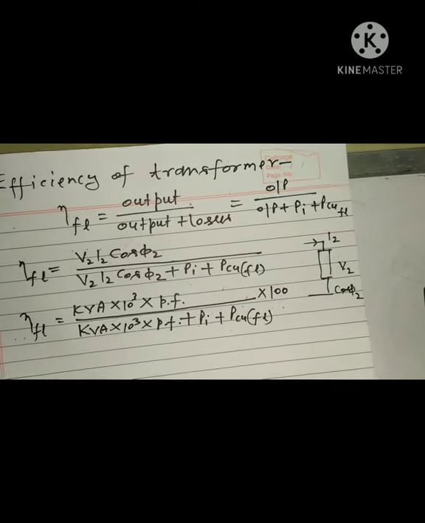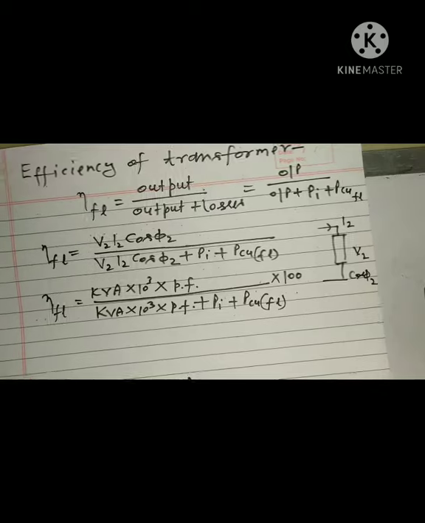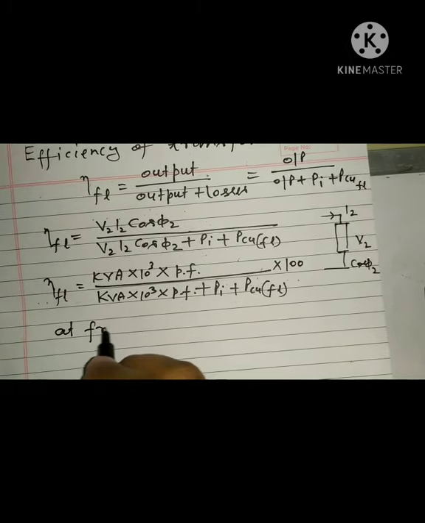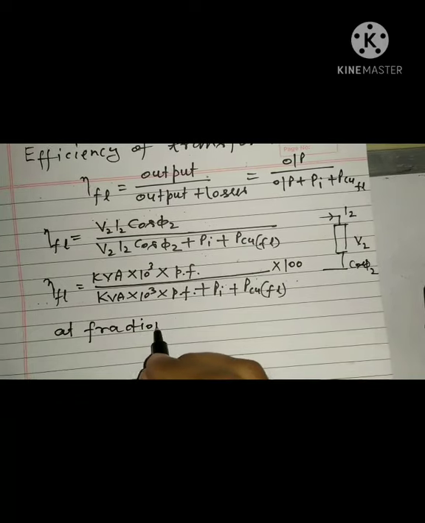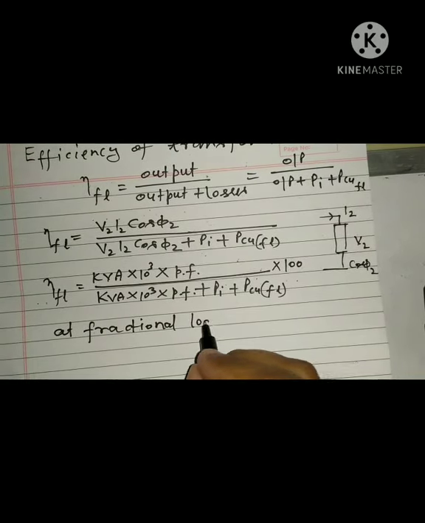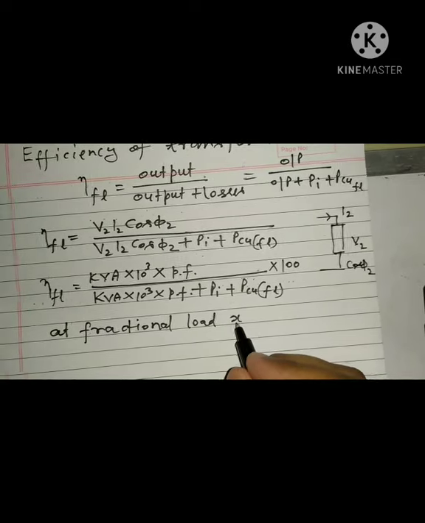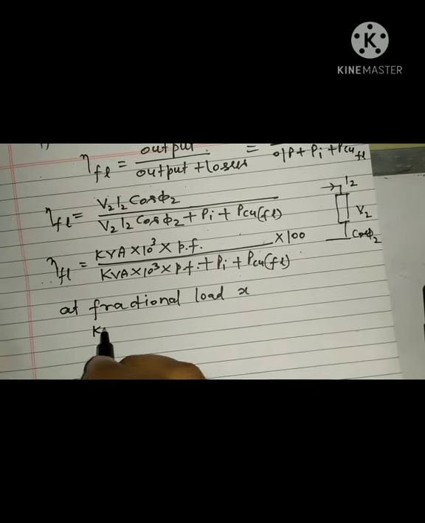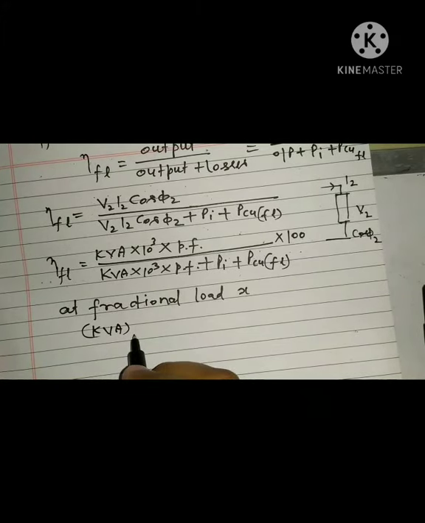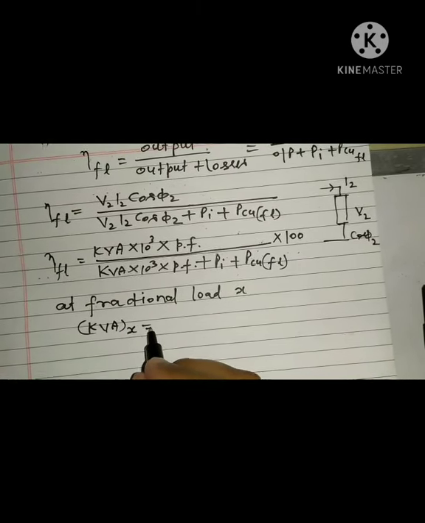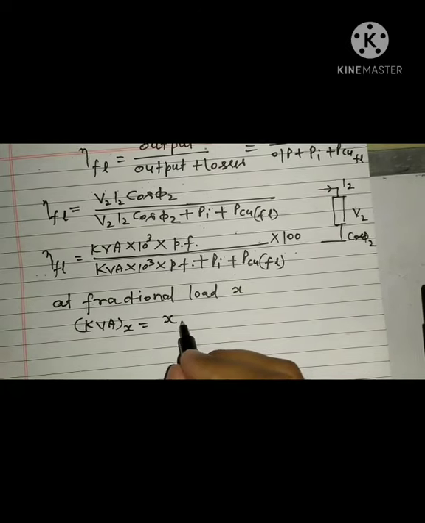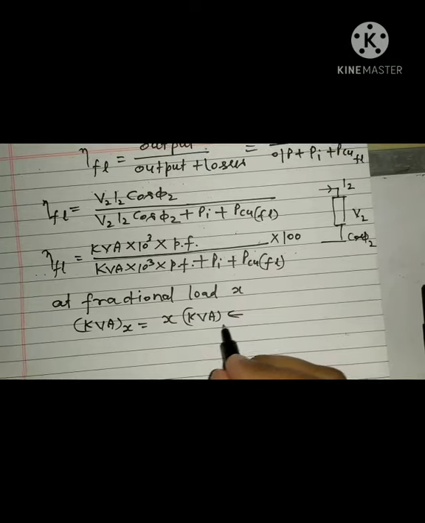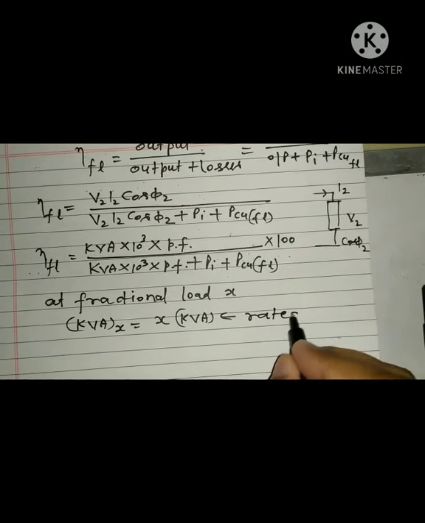Efficiency of transformer can be calculated at any fractional load. So at any fractional load, say X, what happens? kVA changes. kVA at any fractional load X will be X times rated kVA.